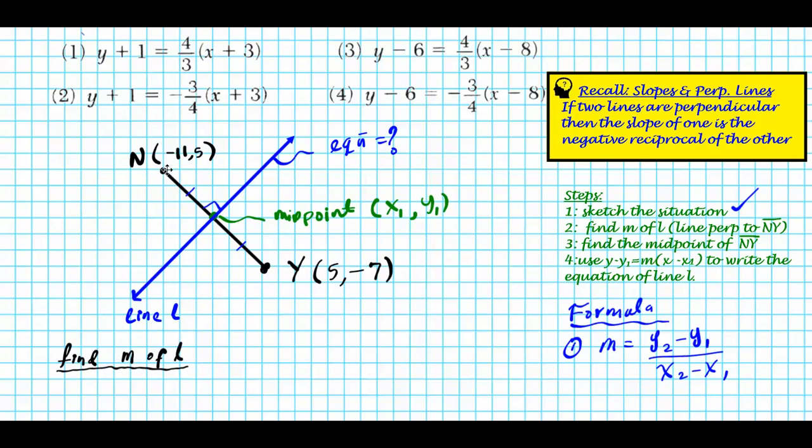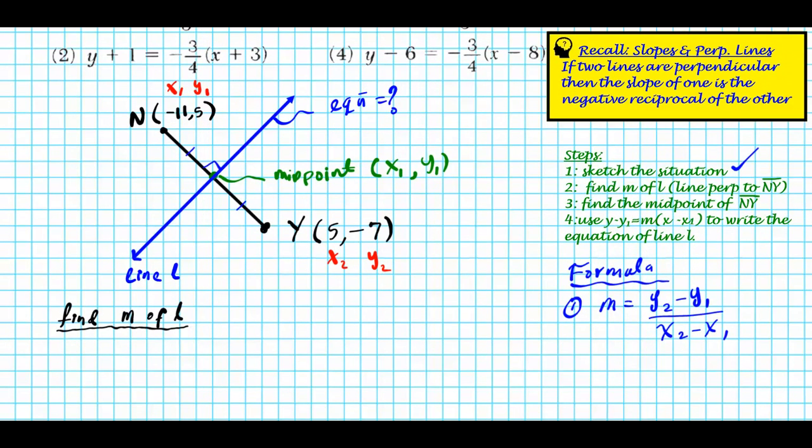We're going to be using point N and point Y. So let's call this one (x1, y1) and this one (x2, y2). So the slope of segment NY is going to be, we're still going to use the formula y2 minus y1 over x2 minus x1.